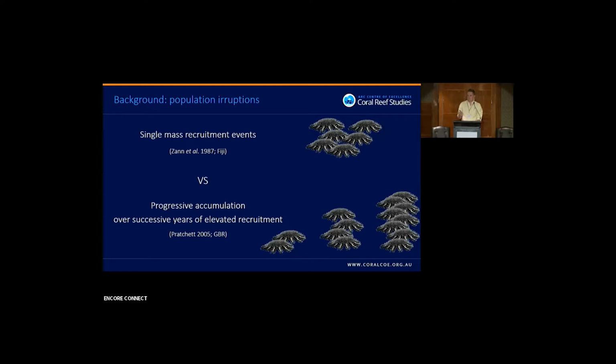And these sudden versus progressive increases in population size quite likely have very different explanations, but this really highlights the critical importance of assessing these early life history processes that influence the replenishment as well as the dynamics of these populations.